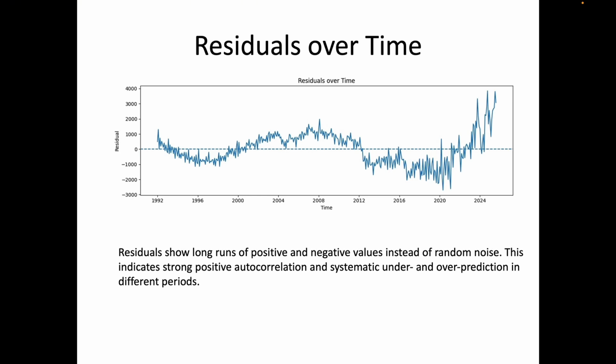As you can see right here, in the early 1990s there are mostly small positive residuals, and from around 1995 to 2010 there is a long period where residuals come in negative and positive blocks. Around 2013 to 2020, many negative residuals appear, so the model systematically overpredicts. And after about 2021 to 2022, residuals become large and mostly positive, meaning the model underpredicts the strong recent growth.